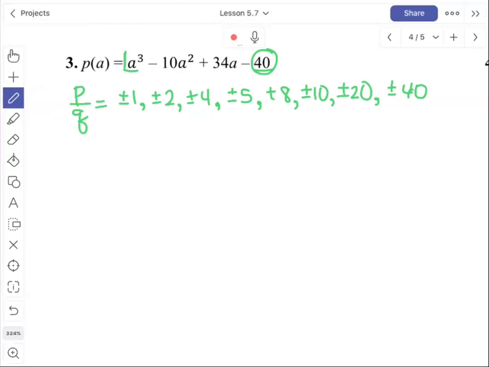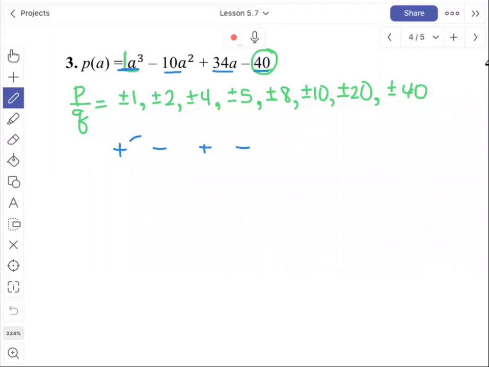All right, now my next strategy is, well, this is a long list. I don't want to test every single one of those. That seems like it's going to take a lot of time. So let's figure out how many positives and negatives there are, because that's going to help me narrow down what I want to test. Using what we learned yesterday with Descartes, I see I have a positive term, a negative term, a positive term, and a negative term.